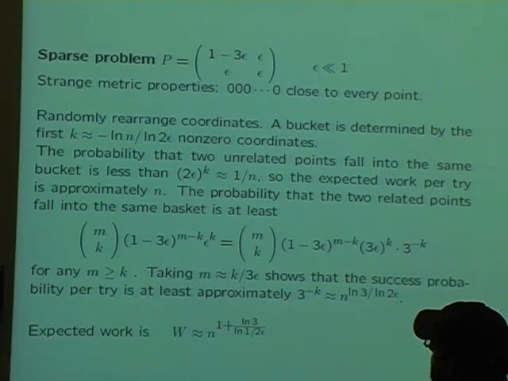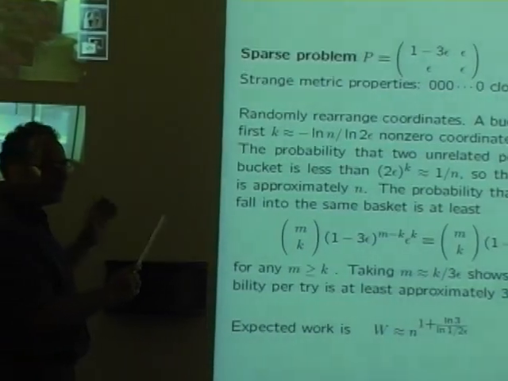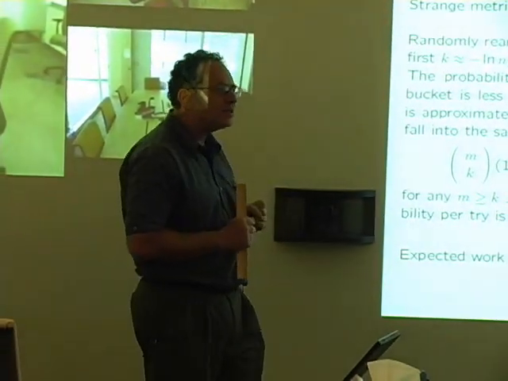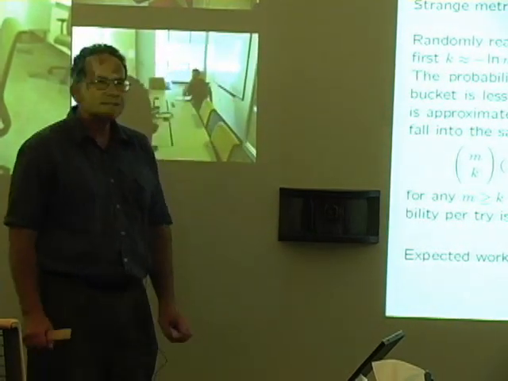You rearrange the coordinates in some random way, and then for each of the sequences you look where the ones are, starting in that order. So the first one is here, the second one is there, the third one is there, and you're looking at the k of them. And the locations of these k ones, this is what determines the bucket. It's a very reasonable system.